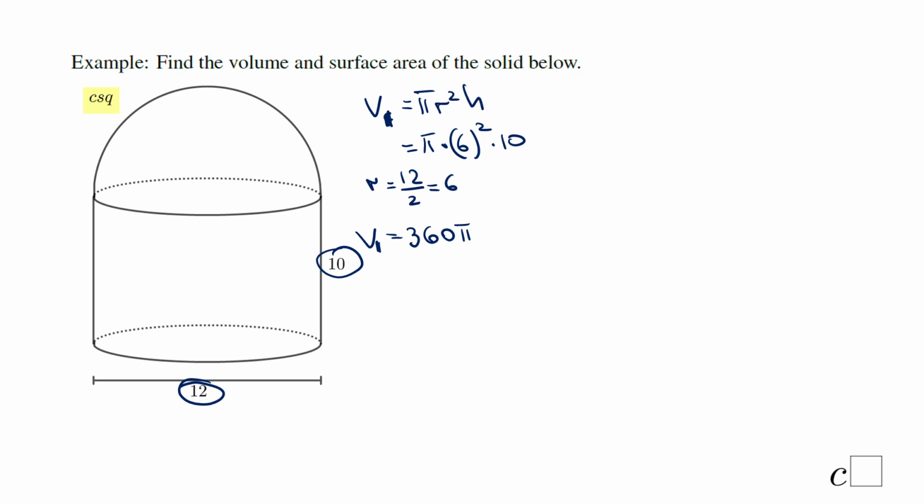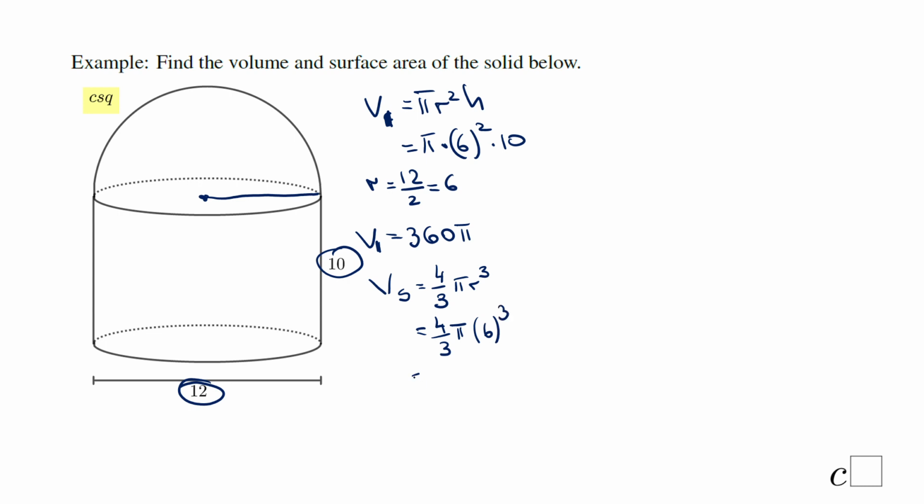Let's go to the second shape, which is half of the sphere. So my first thing will be to find the volume of the sphere. If you remember, that is 4 over 3 pi r cubed. So what do we have here? 4 over 3 pi, and the radius of the sphere is the same as the radius of the cylinder. They overlap, the one face overlaps the top. So that will be 6 cubed.